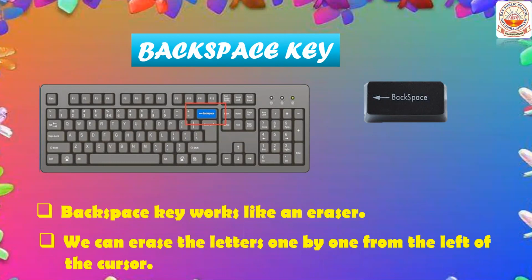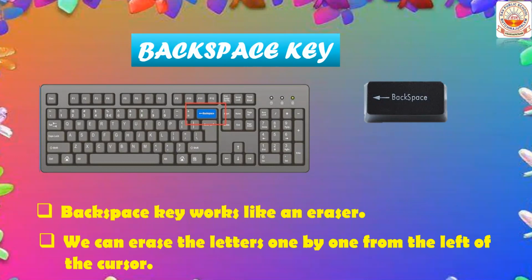Then you take an eraser and erase it. In the same way, if you make any mistake in the computer, while typing, you can erase by using the backspace. So the backspace key works like an eraser. If you press the backspace key, it erases the letters. Okay, children. How will it erase? It erases the letters one by one.